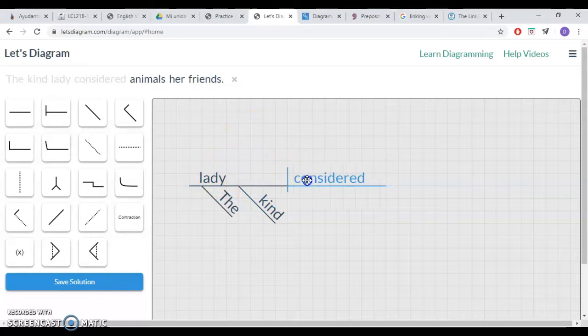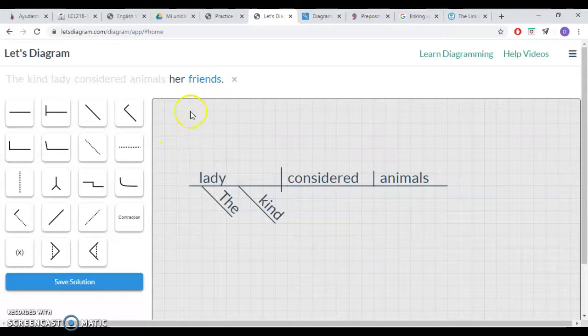Just a reminder. Considered. Now, what is being considered as the friends of the kind lady? Animals. So that will be the element that's being affected by the verb. So we're going to place it right here as the direct object, okay, the one that's being considered.